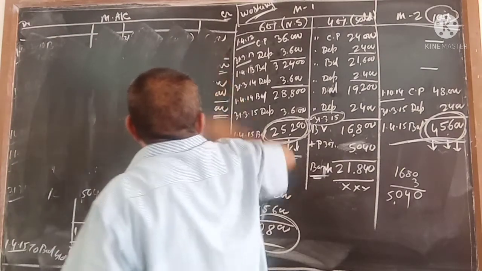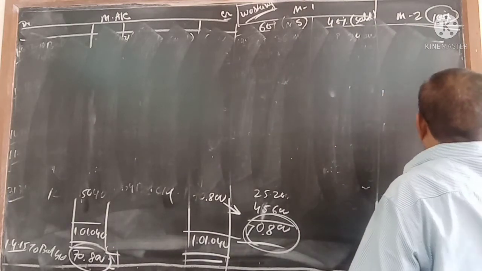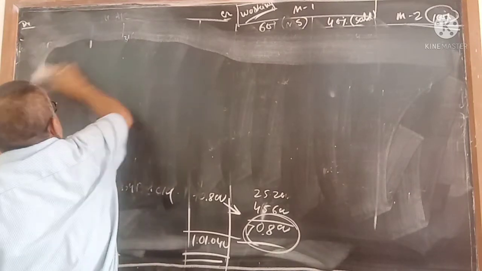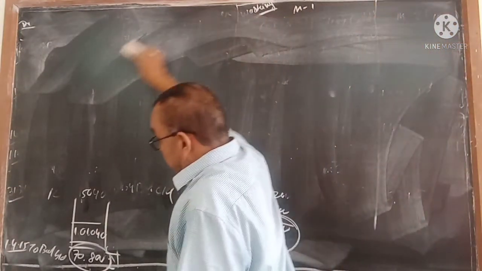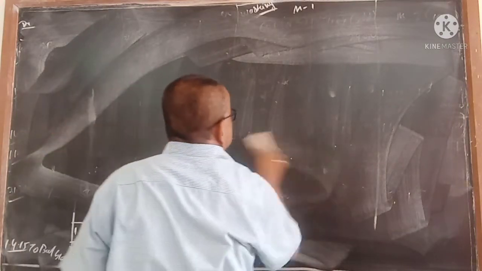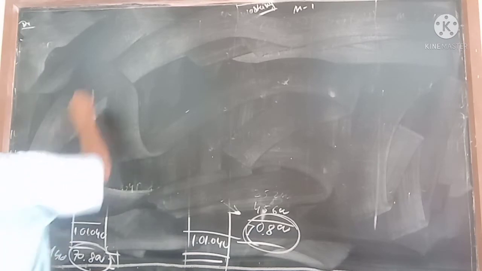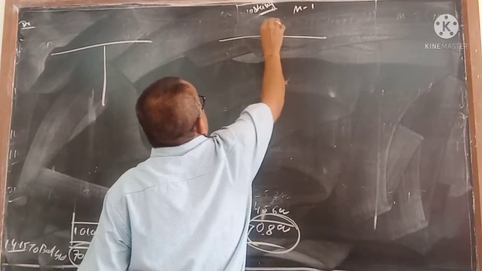effect in the final account. This is the profit and loss account and this is the balance sheet.